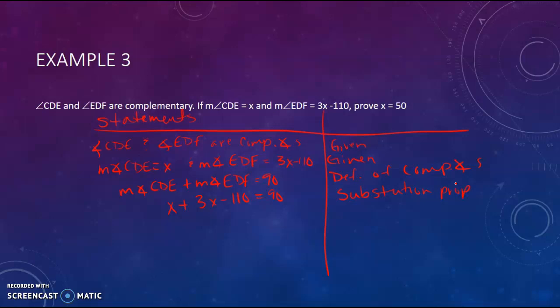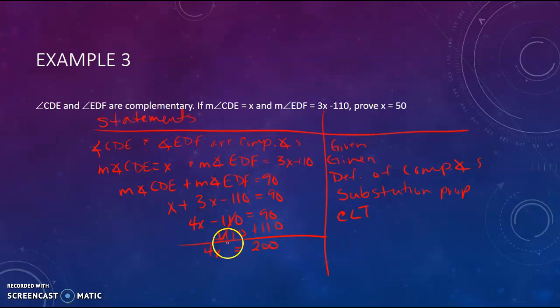From here, it becomes the algebra, the solving equation. So we're going to take x plus 3x and end up with 4x minus 110 equals 90. So that step would be a combine like terms. And then from here, this is a negative 110, so we're going to add 110 to both sides. This was evidently, I had this problem on my mind on the last one. So 4x equals 200.